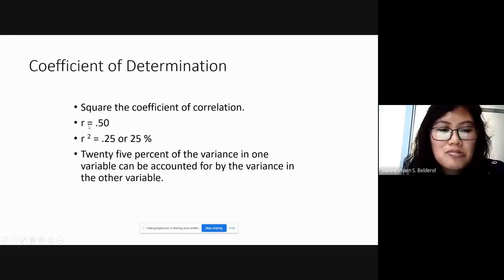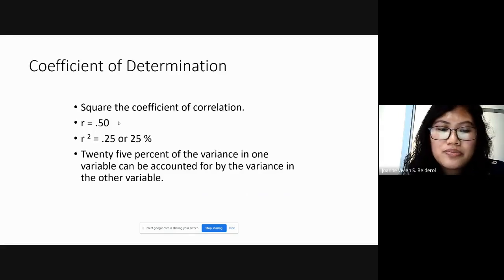Later on, we will teach you how to compute it. Say your R is 0.50. What does R indicate? Does it indicate a positive or a negative correlation?